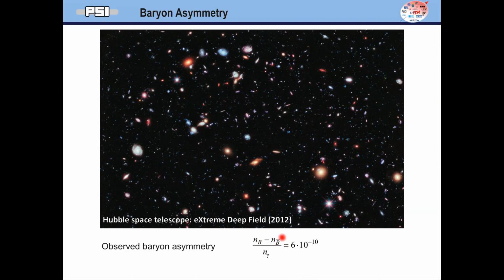What we observe is a lot of matter in the universe, so this value has a finite number. It would be 0 if we had the same amount of matter and antimatter in the universe. We see that our universe exists and consists of matter. There are very sensitive tests that can tell that it's all matter, not somewhere a galaxy made of antimatter.